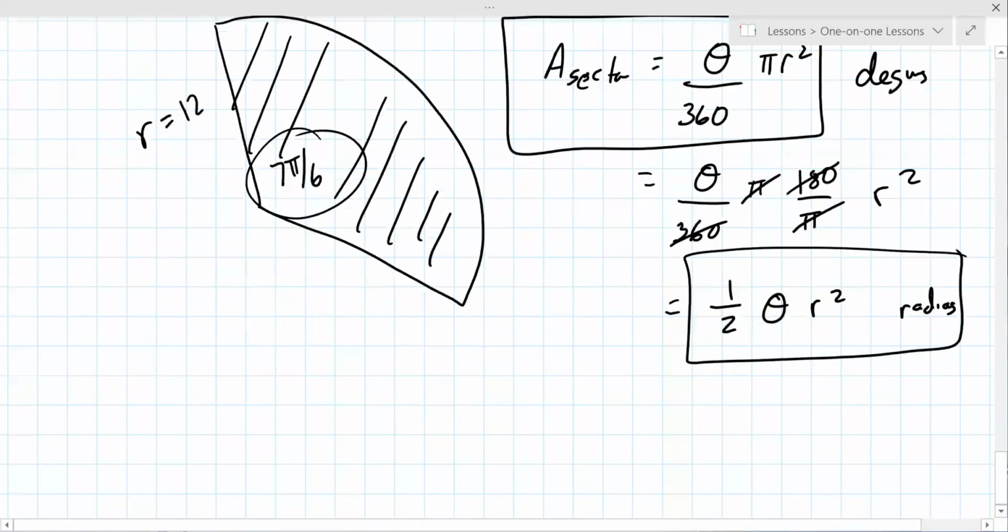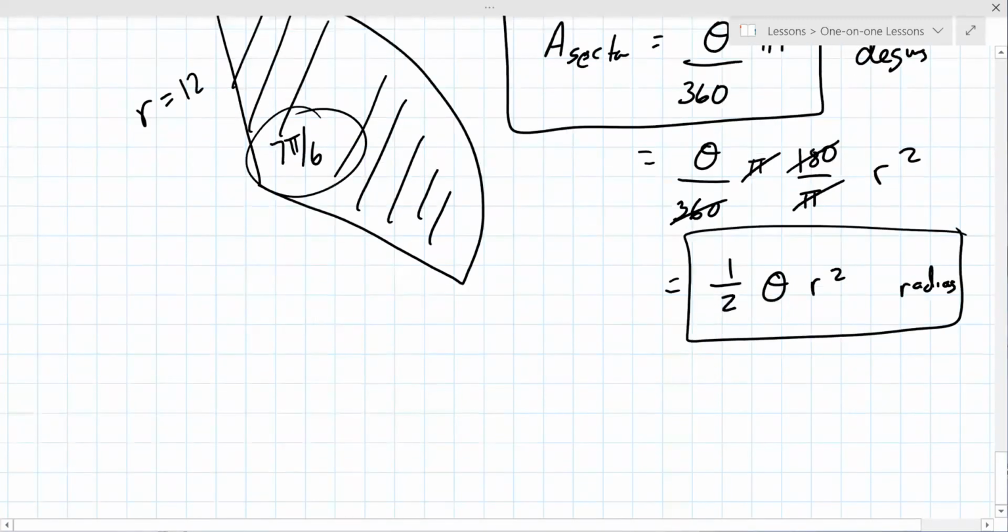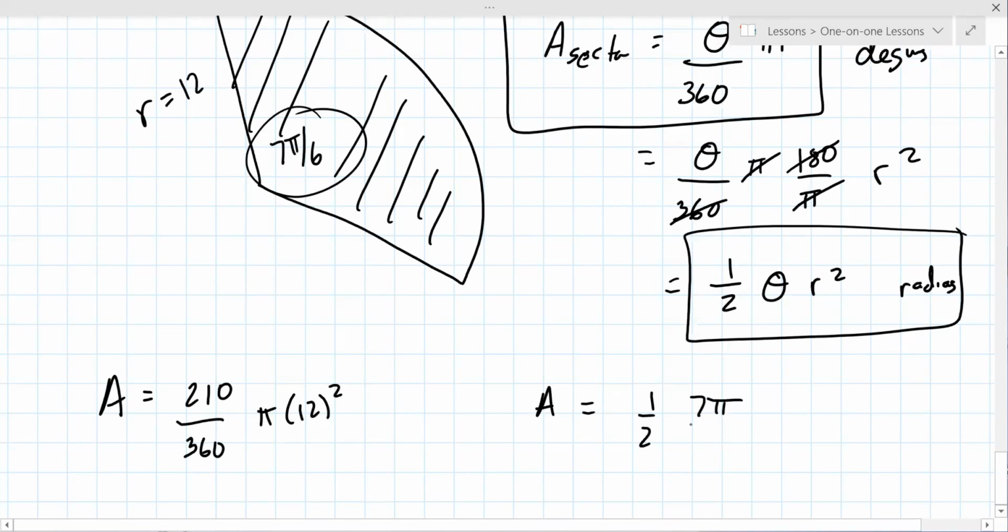So I'd say 7 pi over 6. So 7 pi over 6 is 210 degrees. So the first way is it's 210 over 360 pi. You just know that. Well, you will too, with lots of practice. The second one here is 1/2 times 7 pi over 6 times 12 squared.